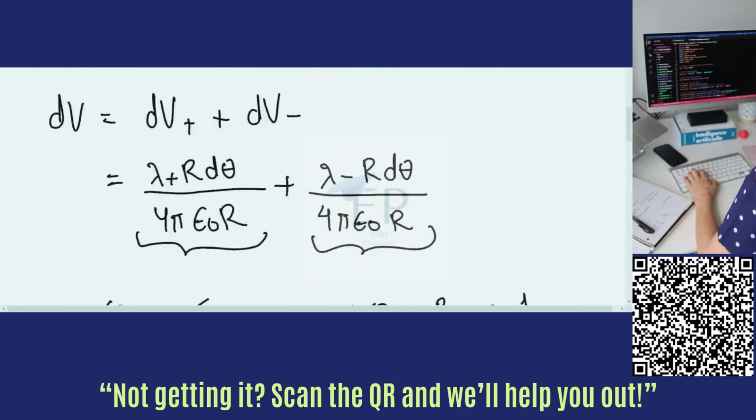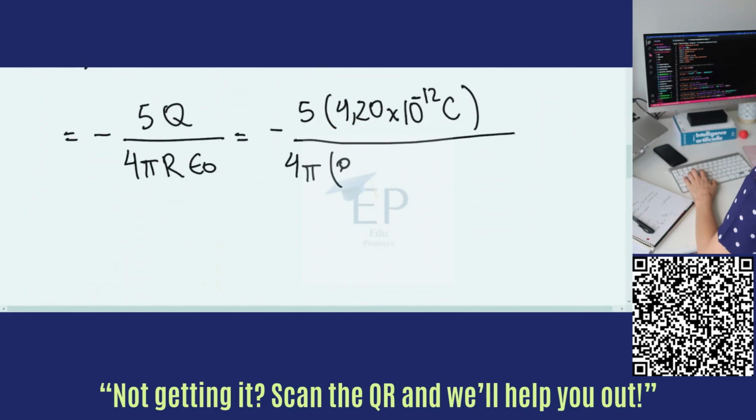And when we put that in here, we also need the value for epsilon 0. So let me search for it. 8.85 times 10 to the minus 12 farads per meter.